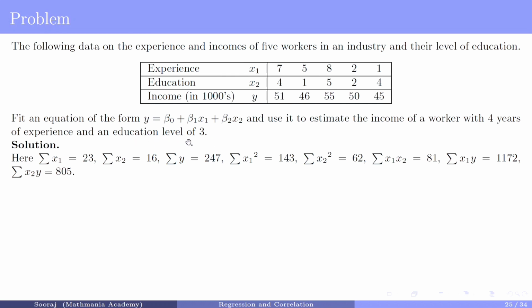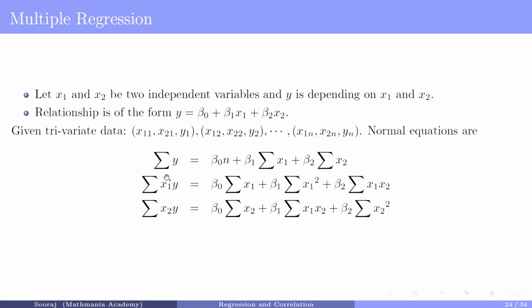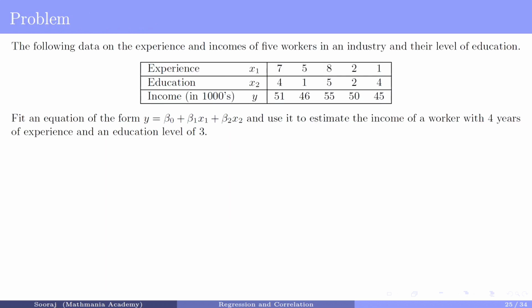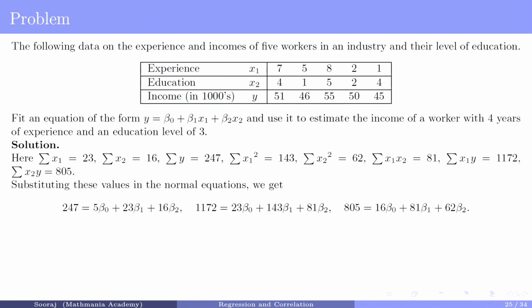First of all, this needs summation x1, summation x2, summation y, summation x1 square, summation x2 square, summation x1 x2, summation x1 y, and summation x2 y. All this has to be calculated from the table. Once calculated, we substitute them in the normal equations. Now it is a problem of solving a system of three equations with three unknowns.